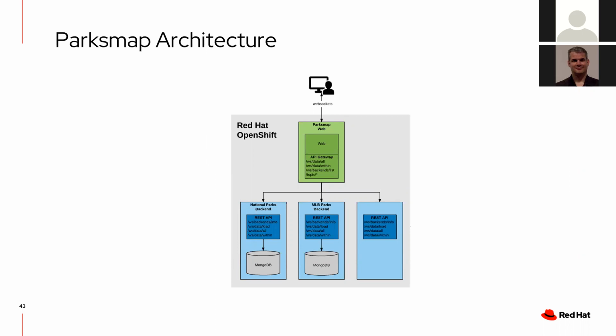And so we have a web piece to the application that our users will connect to, and then we have our national parks backend, and then we have our Major League Baseball parks backend, and we can have additional backends depending on what the application is calling.